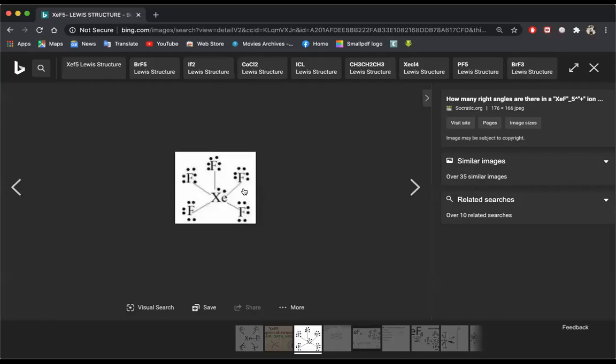Can you guys see the xenon structure? Fast. Can you see it? Yes. Yes.